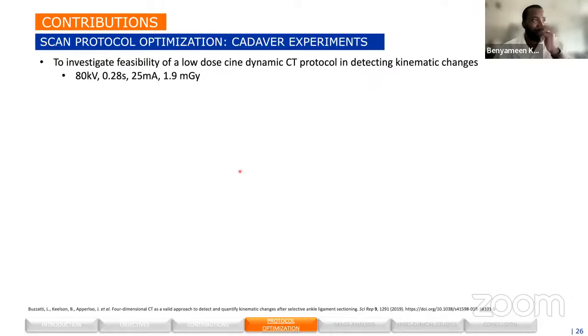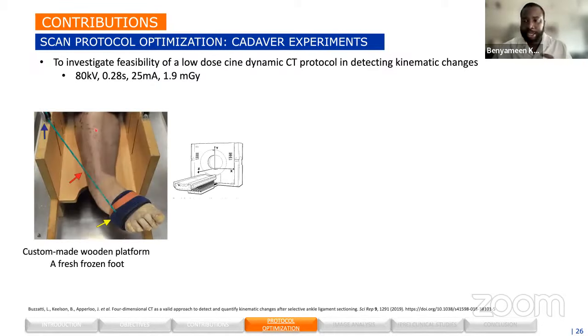So with that in mind, one of the first studies we did was to investigate if we can create a very low dose scan protocol, significantly reducing the dose, and see if that low dose is able to generate images of good enough quality to, for instance, detect kinematic changes. So what we did was to settle on this protocol. I'm not going to go into the details of it, but it's a protocol that significantly reduces the radiation dose to the patient. And we did a cadaver study.